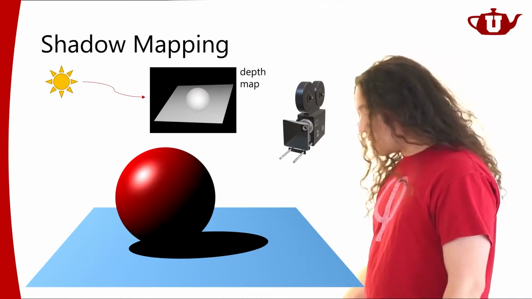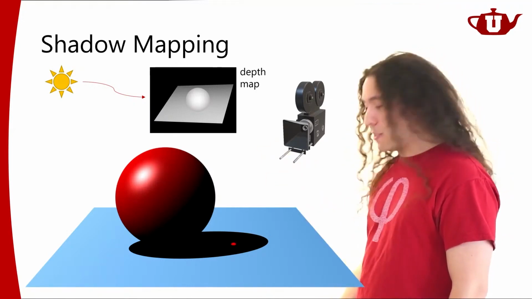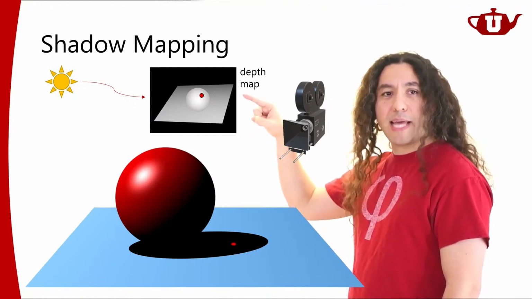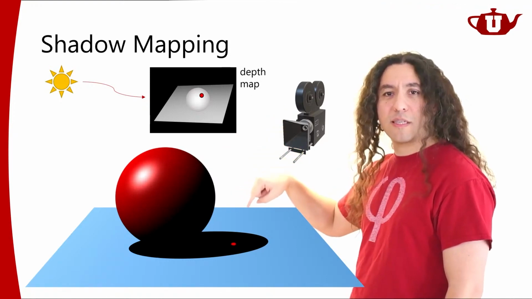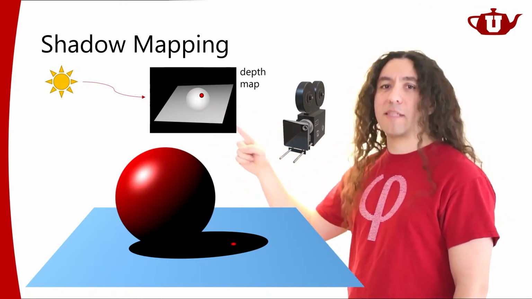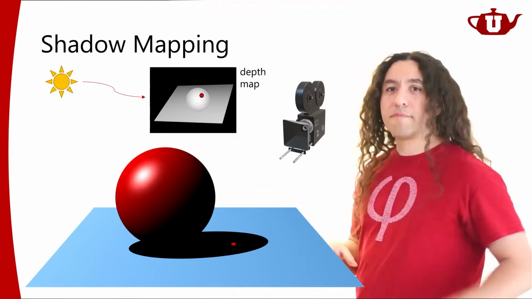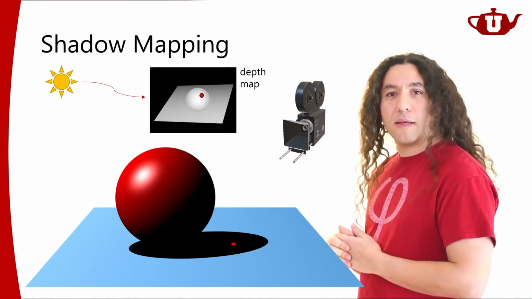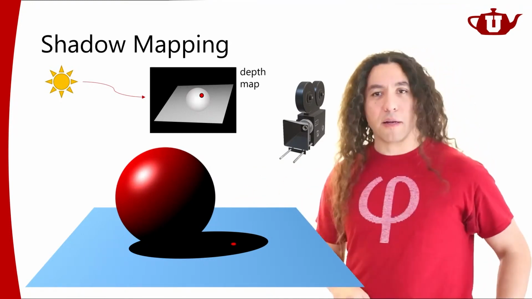For any point that I'm interested in, I check where that point lies on the light's view, figure out the depth value there, and compare it to the distance from this point to the light source. If there's something closer, the depth value here is going to be closer. In that case, I'm going to say, oh no, I can't see this point. It is in shadow. Otherwise, I'll say, okay, I can see that point, so it's not going to be in shadow.